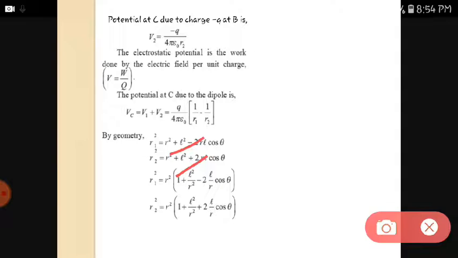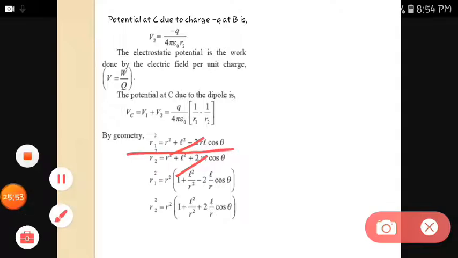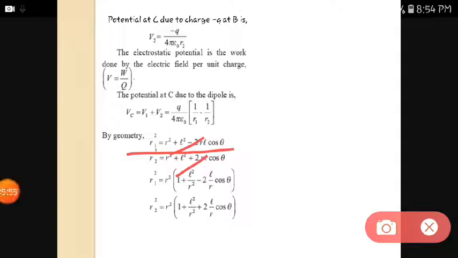Okay. Now next, we are going to take R square common from this equation. By taking out R square common, over here it will be 1 minus 2L by R cos theta.